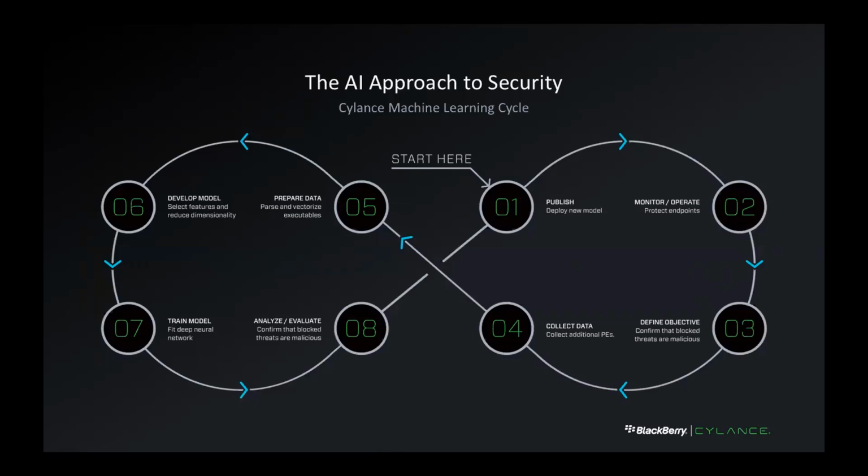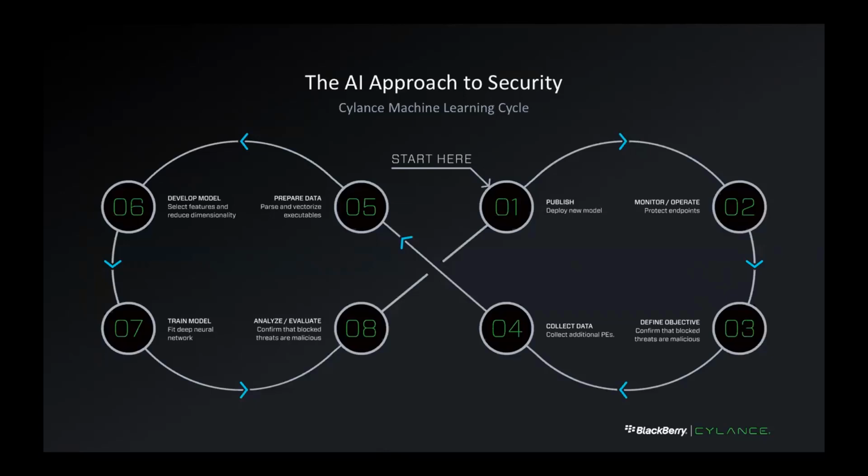And then we go through and train a model in our neural network to say whether or not the efficacy of this model is better than the model before. Then we analyze, execute, and confirm that it's blocked, and then the cycle starts all over again.